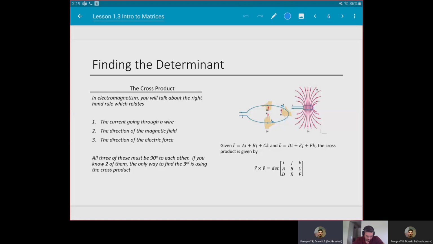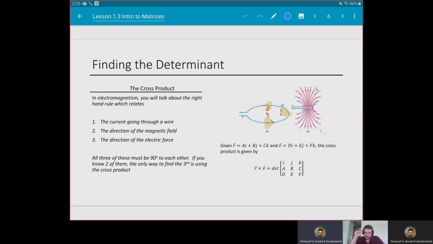Now let's use this. Where do we use a 3 by 3 and take the determinant? That's going to be the cross product. Those of you who've had physics might remember something called the right-hand rule. This is the mathematical version of that. The right-hand rule is where you take your right hand and grab hold of a cable.